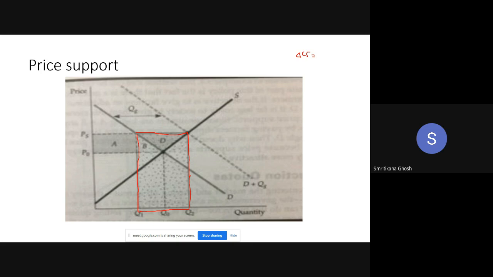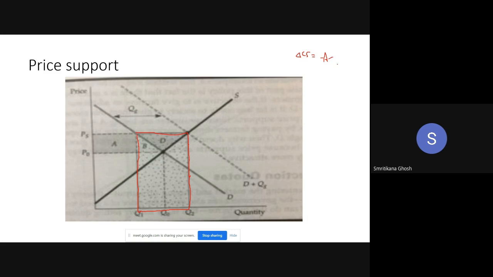Initially the price was P0, now the price is PS. Minus A minus B. Ma'am, A and B, this is the loss, right? So minus A and minus B.